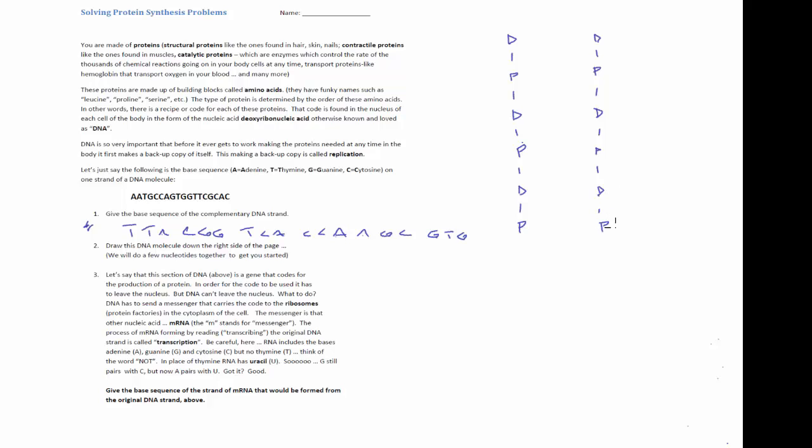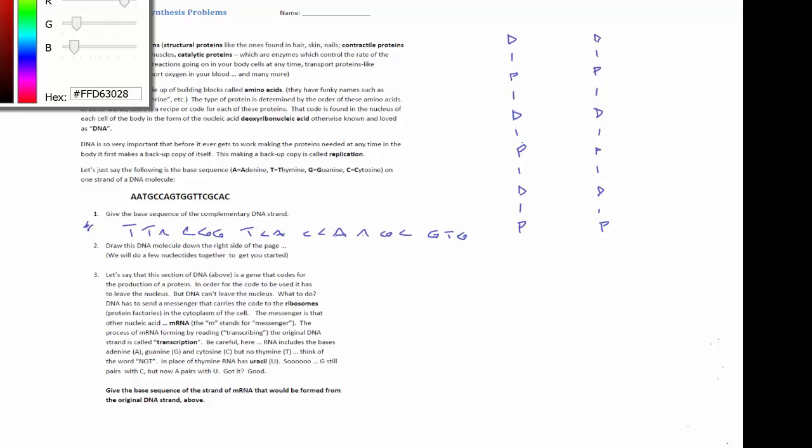joined to phosphate. Now the question is the bases. Maybe we should switch color here just so we know. Yeah, just keep track of which color we're dealing with here. Let's go for the base that is attached to deoxyribose.